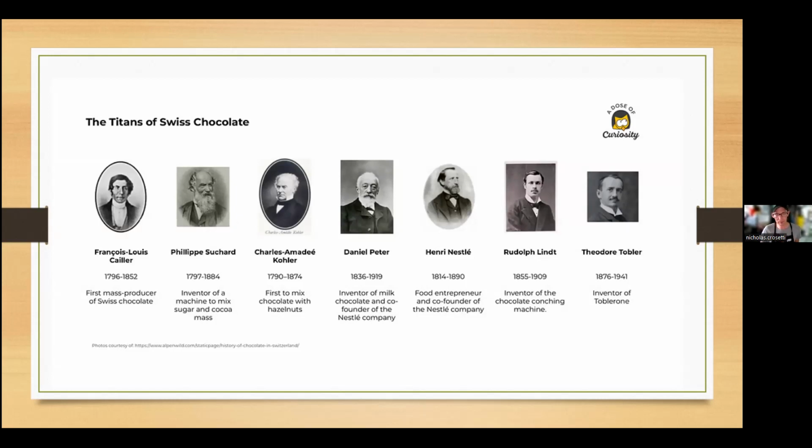So there is kind of these titans, this rogues' gallery of Swiss chocolate entrepreneurs, all working around each other and with each other to produce what is today some of the finest chocolates still in production, whether they be with hazelnuts from the Kohler company in the 1860s, or Toblerone, which has been around since the early 1900s.